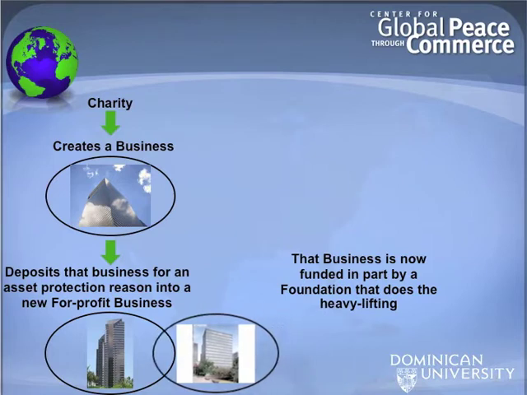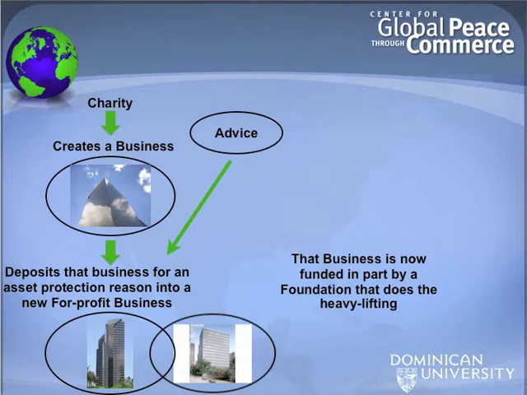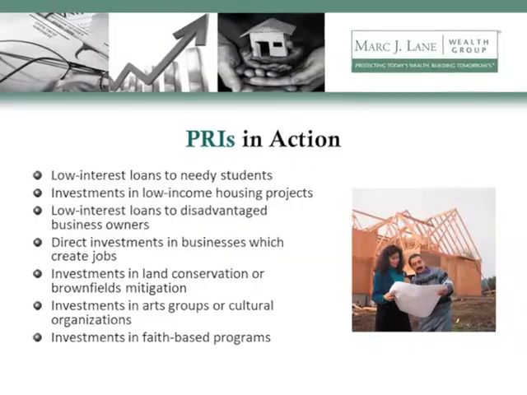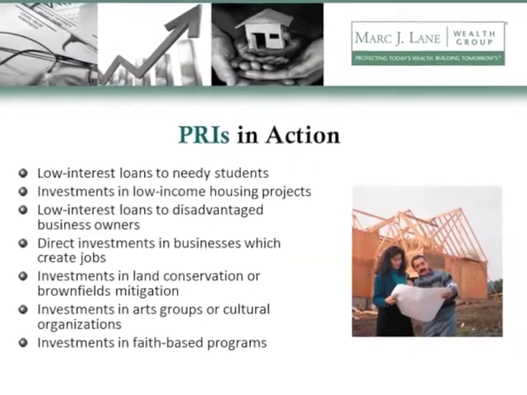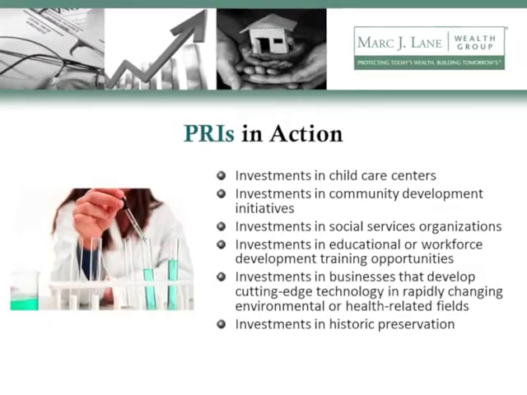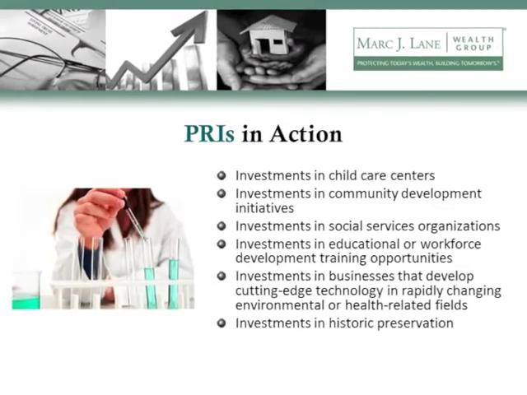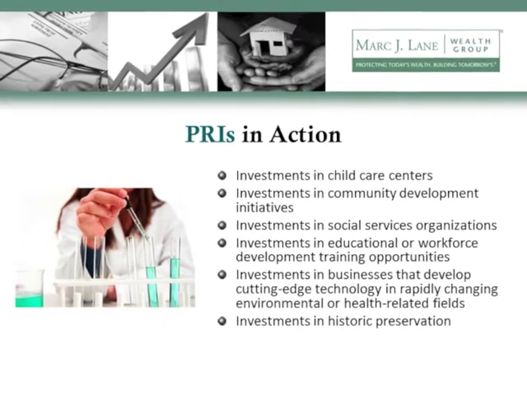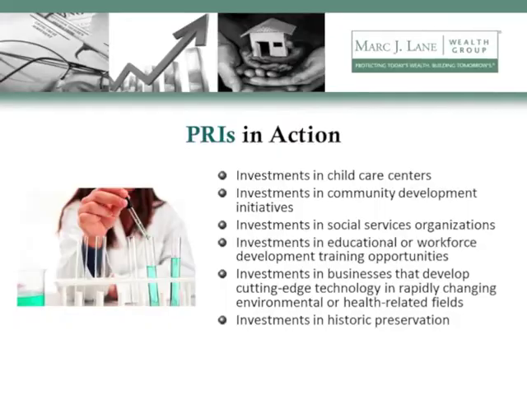It serves as a social venture capitalist where it contributes advice and expertise and infrastructure. And the foundation forgoes market rate returns. And in so doing, it thereby subsidizes financial returns to other investors who may come in later, investors who otherwise might not be interested in funding this social mission were it not for the financial return.